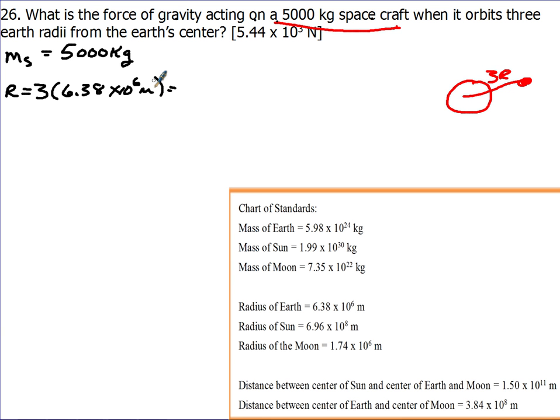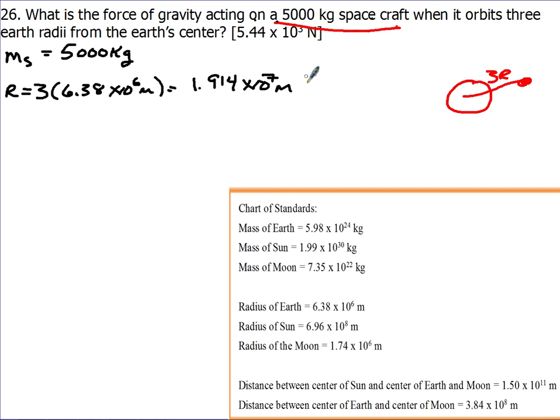3 times 6.38 times 10 to the 6 gives me 1.914 times 10. Now my calculator didn't put it in scientific notation, so I've got to count. 1, 2, 3, 4, 5, 6, 7. Okay, times 10 to the 7 meters.